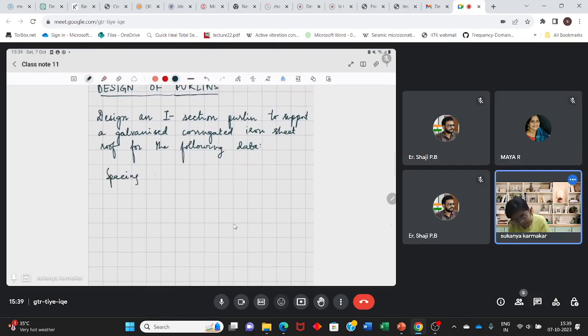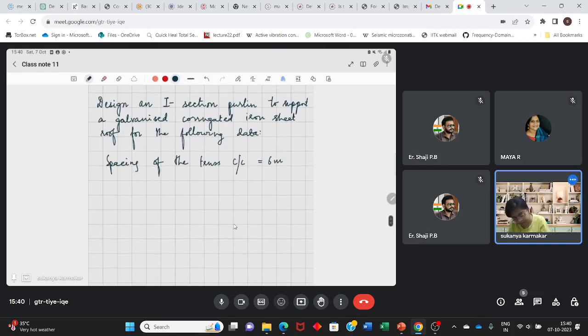Spacing of the truss center to center is 6 meters.